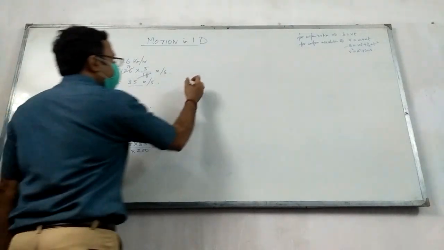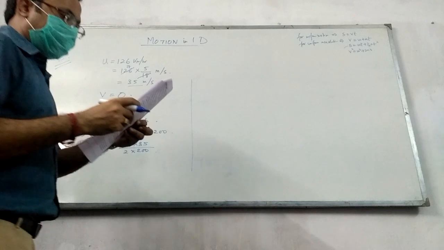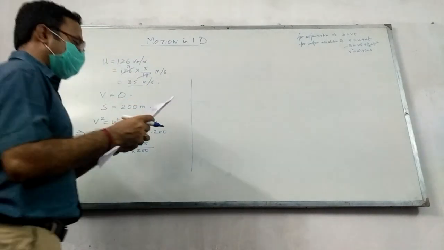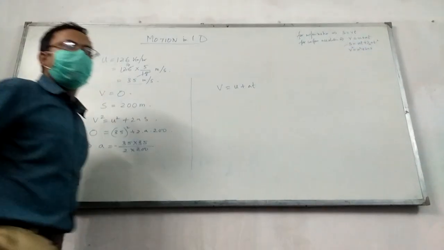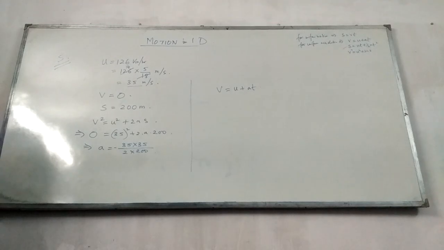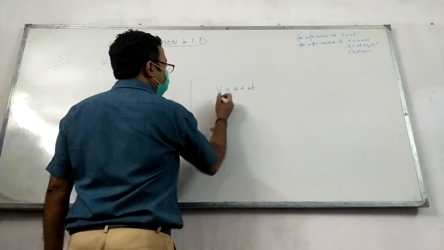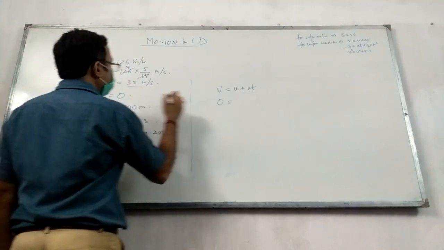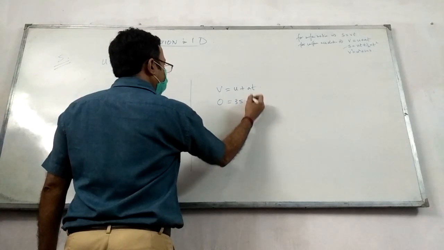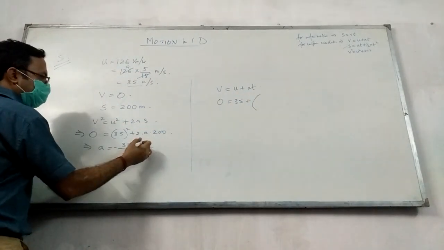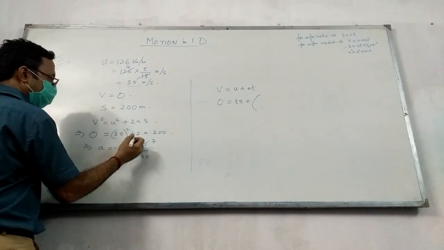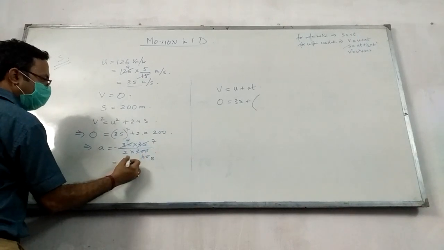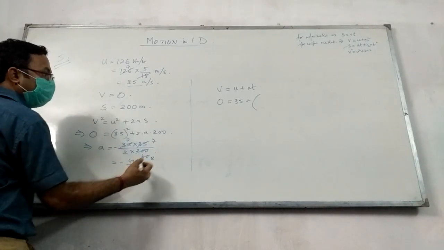Next, what do they want? Time taken. So how do you find out the time taken? Use any one of the formulas: v equal to u plus at, or s equal to ut plus half at square. Better to use v equal to u plus at, because you have only one power of t. v equal to 0, u equal to 35, and a is equal to this expression, whatever comes out, by 16.